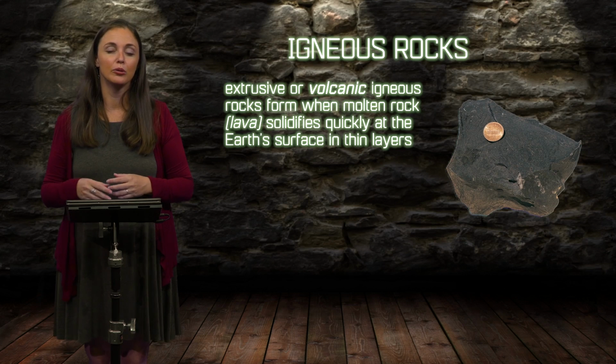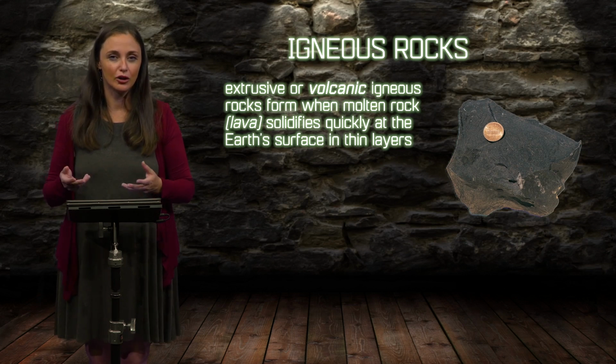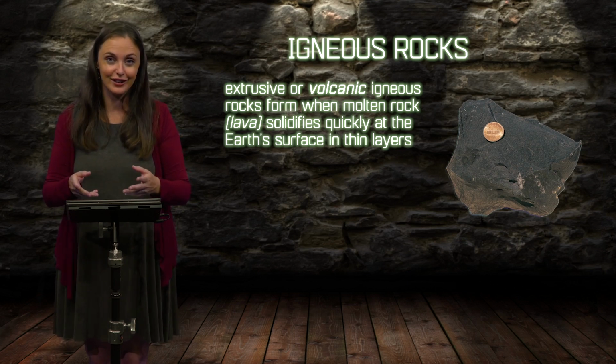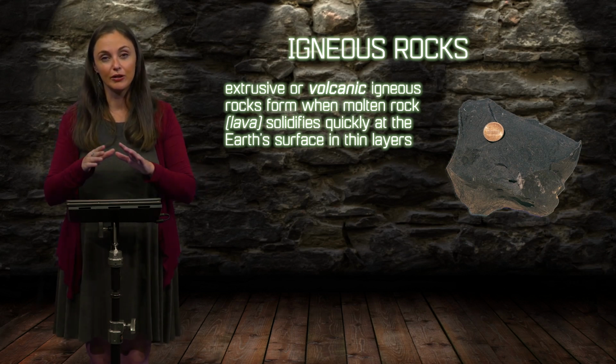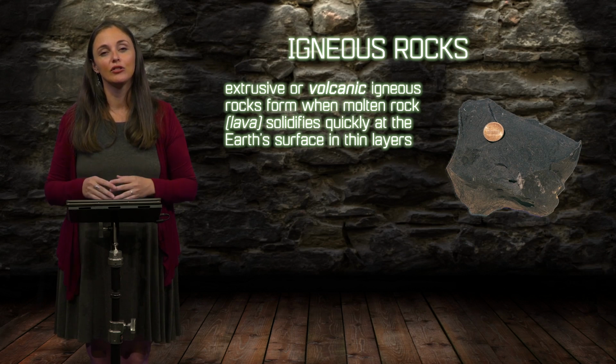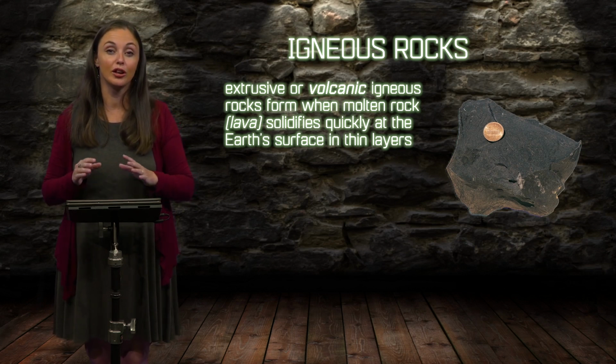It can flow fast or slow depending on its overall composition or its viscosity, a term we'll talk about in a little bit more detail later. But there does seem to be a little bit of a flow to it. So extrusive igneous rocks typically form in thin layers, very similar to the way that most sedimentary rocks actually form.